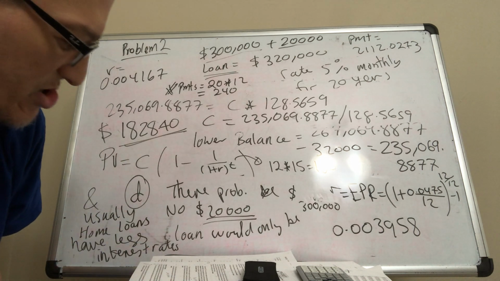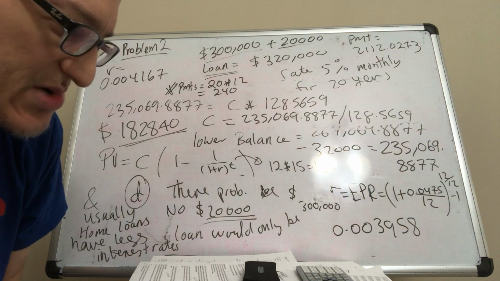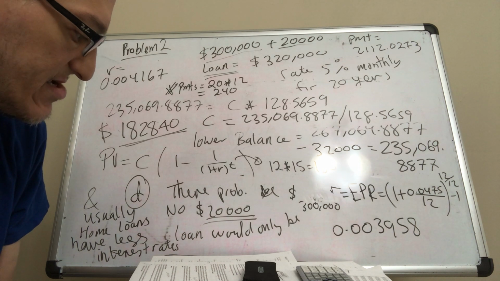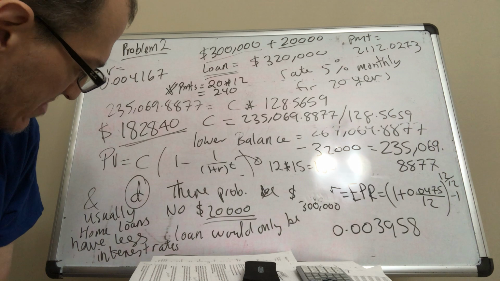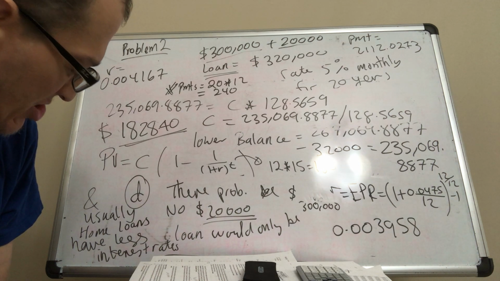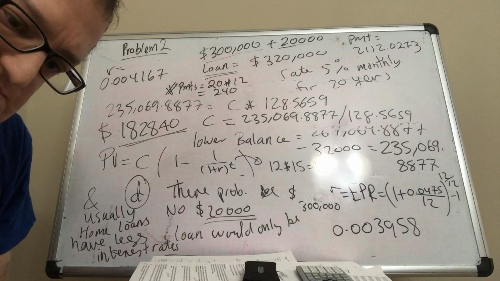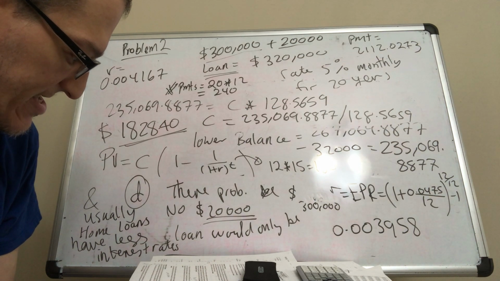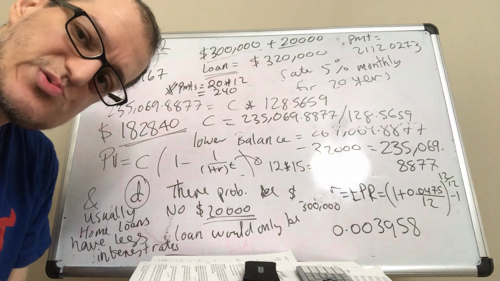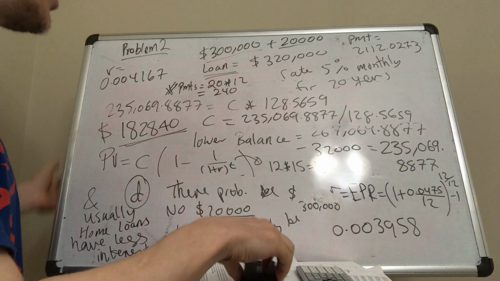So the only difference if this loan was for a home, there won't be the cost of 20,000 to deliver to Halifax. And home loans in general have less interest rate. Okay, we go to question 3.